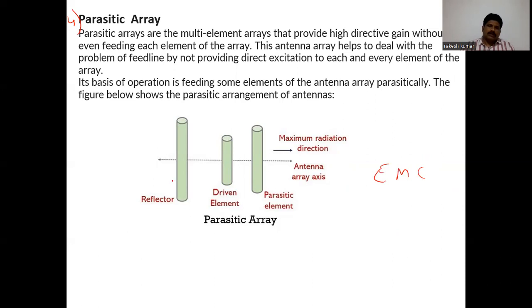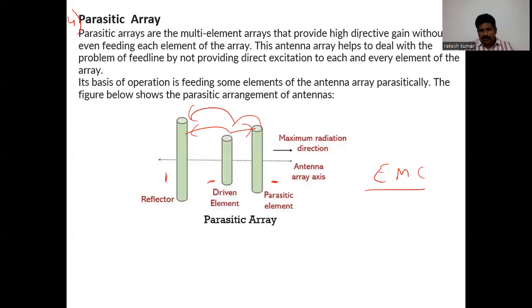So see here, this is one element, this is another element, this is another element. This driven element will excite this element, and this will excite this element. Means one element will excite the other through electromagnetic coupling. Okay, so parasitic arrays are the multi-element arrays that provide high directive gain without even feeding each element of the array.